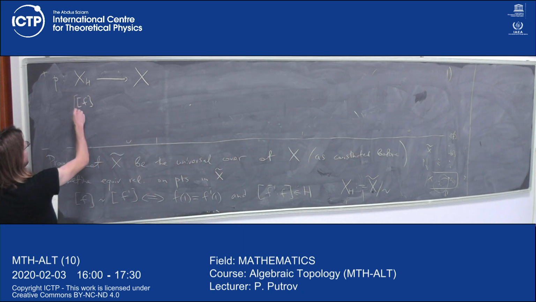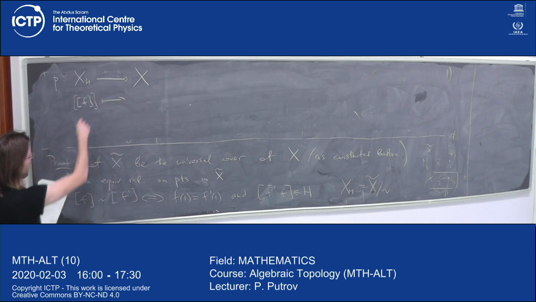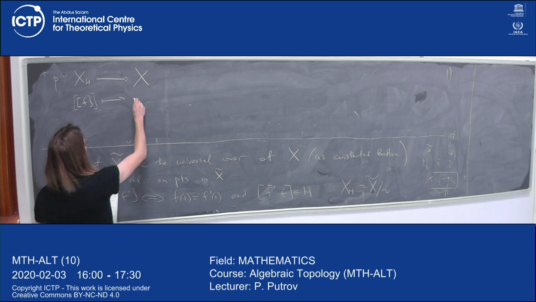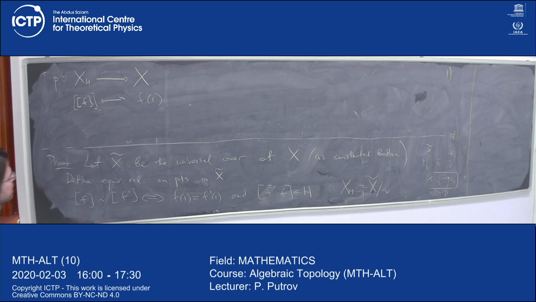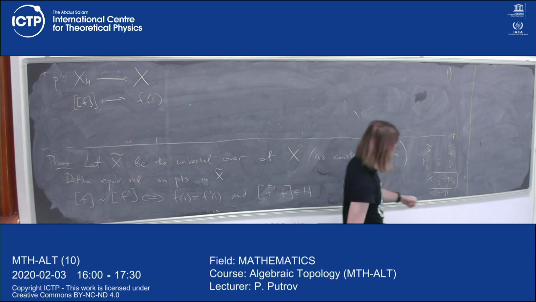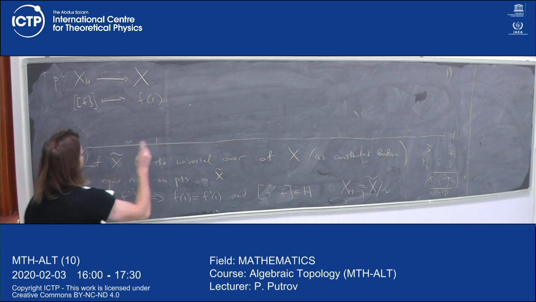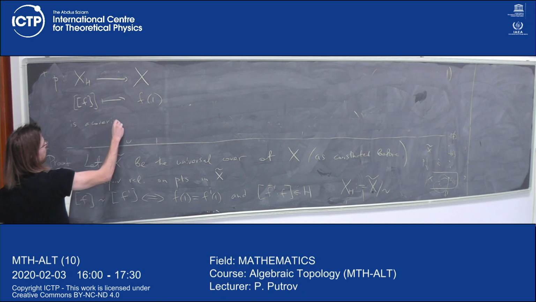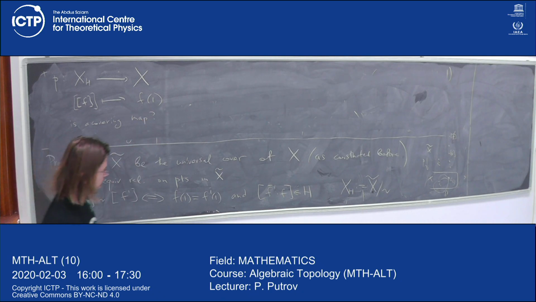That's why there are double brackets: the exterior bracket means this additional equivalence relation. And this I map as in the universal cover case, to the value at the endpoint. Okay, and we want to check this is a covering map.